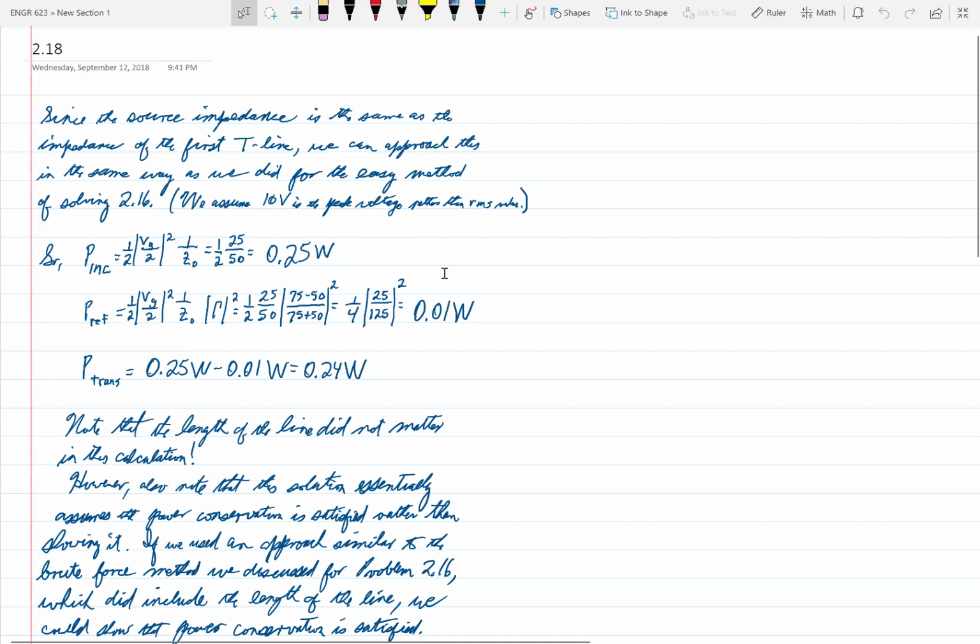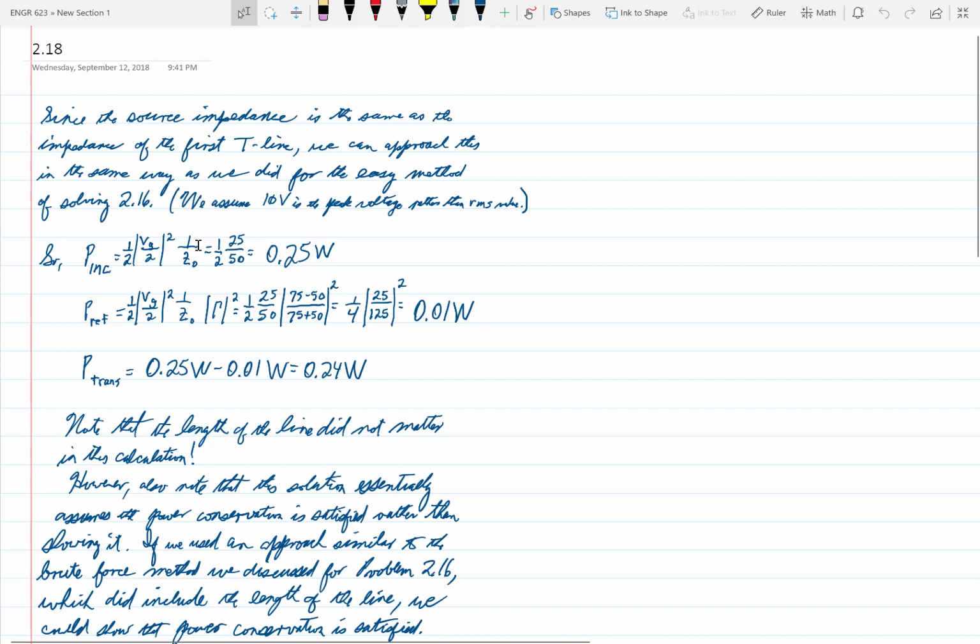One more thing, this 10 volts in the current problem is a peak voltage rather than an RMS value. So when we look at equation 2.37, we do need to have the factor of 1/2 in there. Here is part of equation 2.37, the 1/2 times Vg over 2 squared times 1 over Z naught.